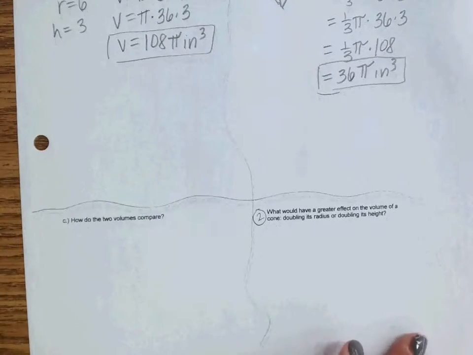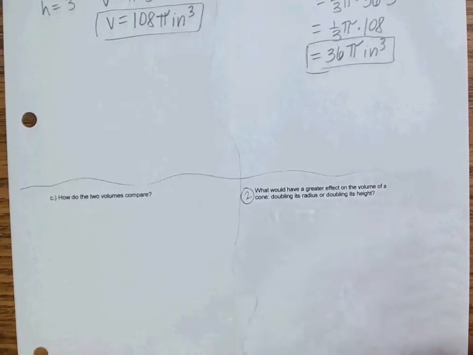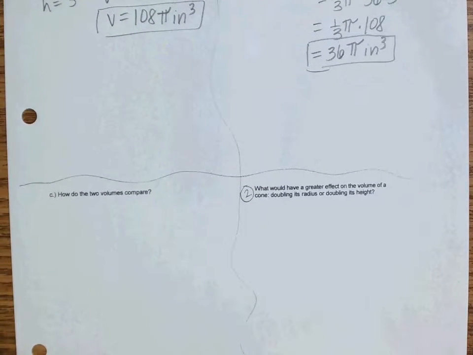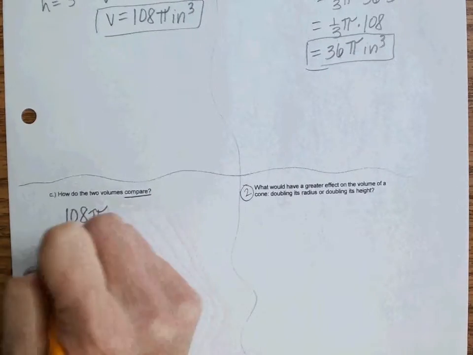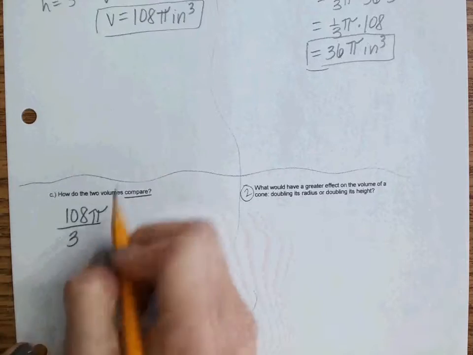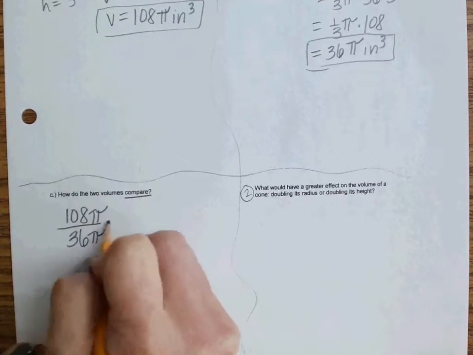Okay, so for Part C, it says, how do the two volumes compare? So there's different ways of comparing. So we can talk about finding the difference. We can talk about how many times one is bigger than the other, etc. So for this one, one way that I'm going to compare this is 108 pi divided by 36 pi.